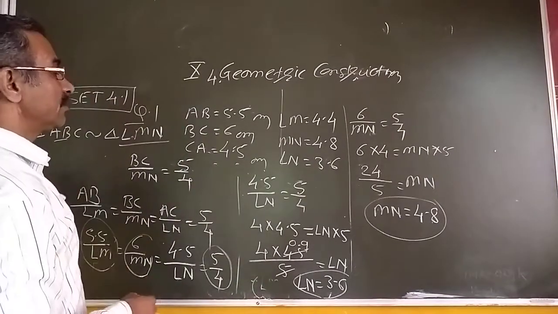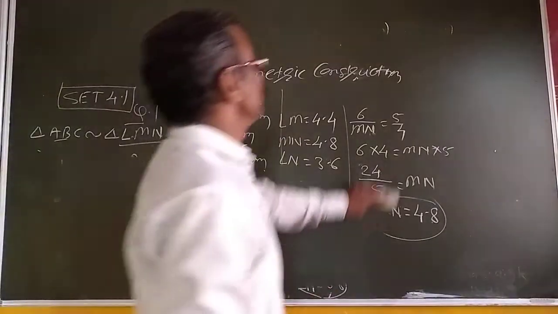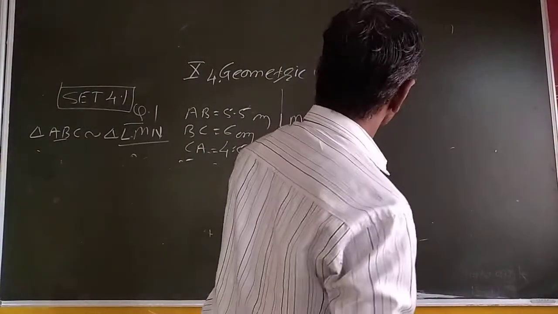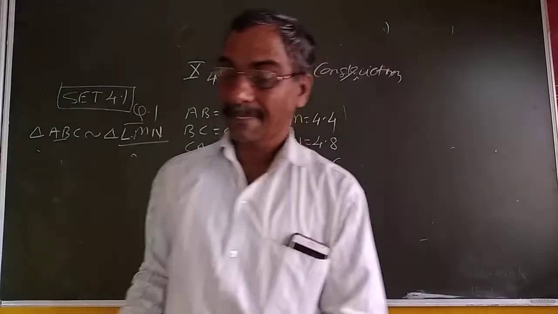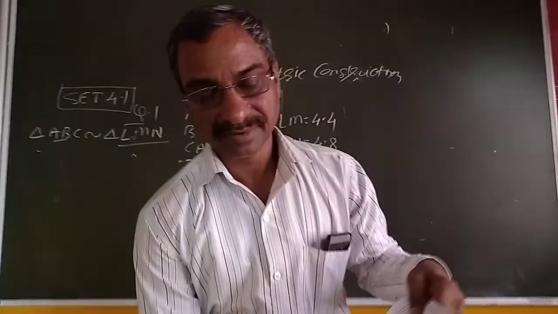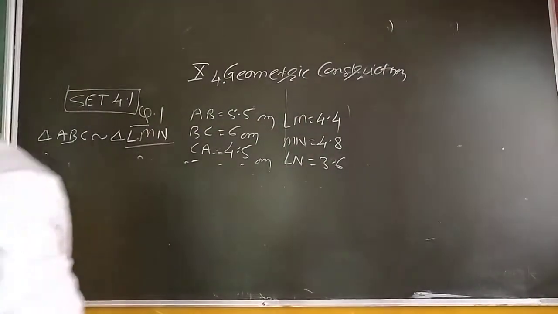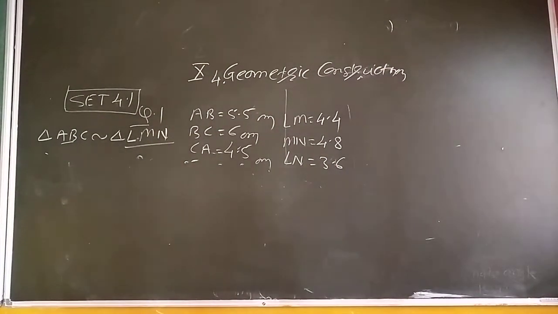From that we are making the construction. First we draw the first triangle ABC, then after the second triangle LMN.